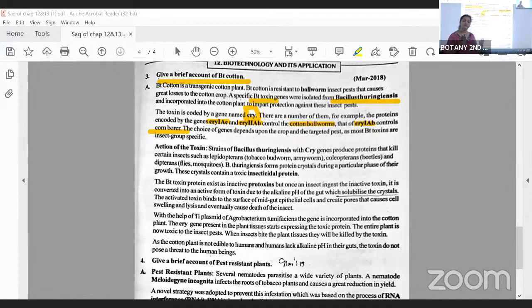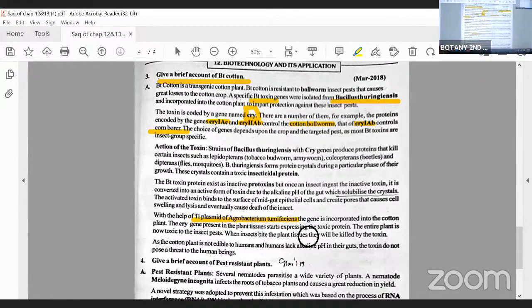That means with this swollen neck the insect faces some problem in breathing, which leads to the death of the insect. This much you can write over here. This is the BT cotton. Okay, so in this it helps out in the Ti plasmid of Agrobacterium tumefaciens.